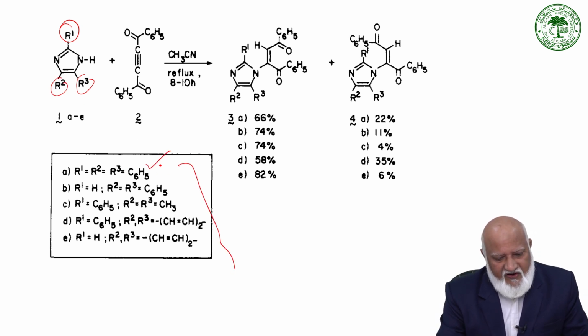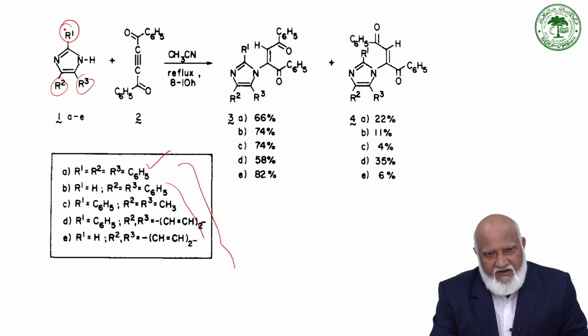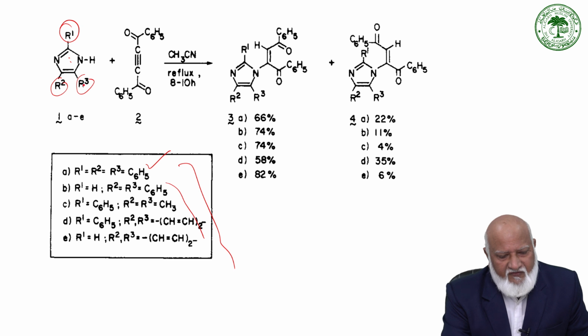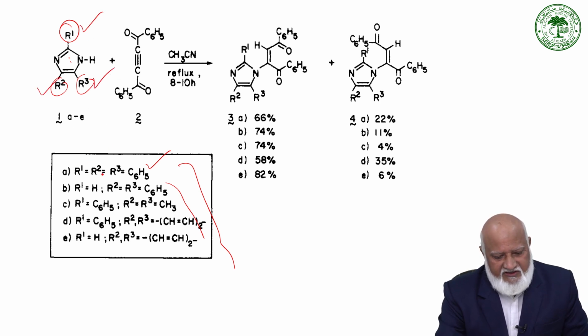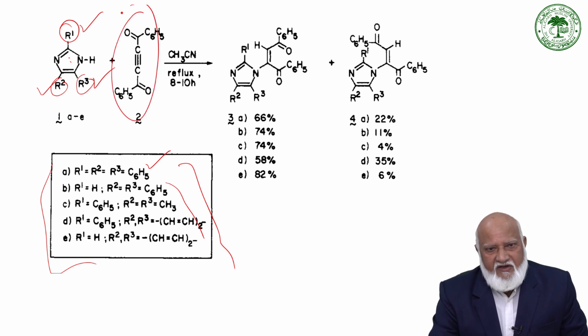R3 is C6H5 as we have seen in the first one, but these four are additional substituents. It is a very extensive study of the nucleophilic addition of a large number of imidazoles, with substituents R1, R2, R3 as A to E, adding to dibenzoyl acetylene in acetonitrile under refluxing conditions for 8 to 10 hours.